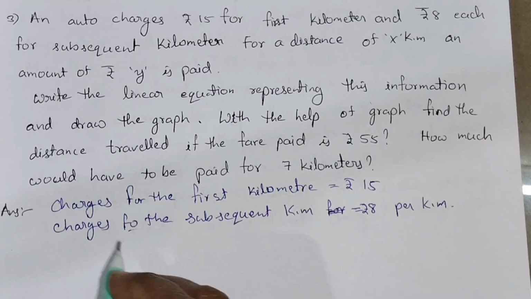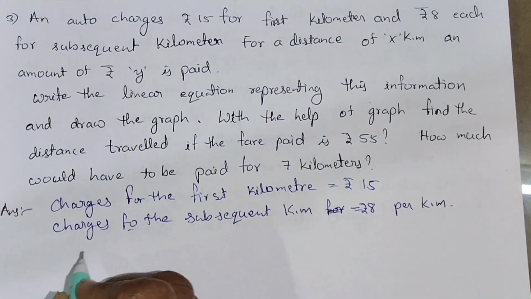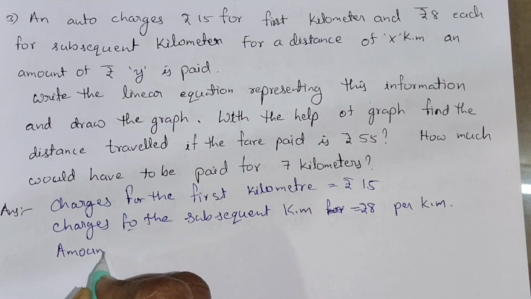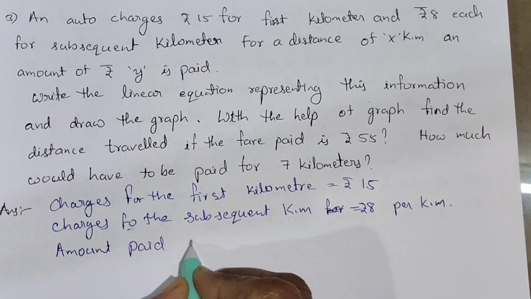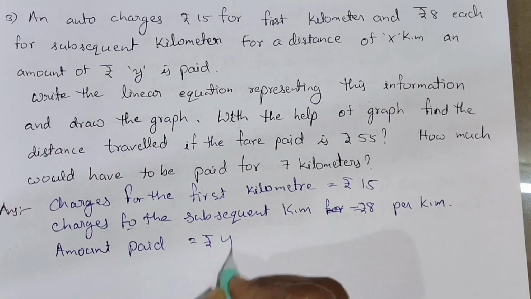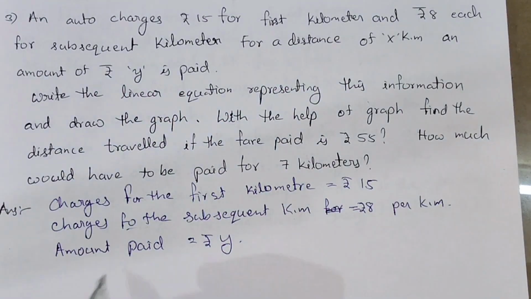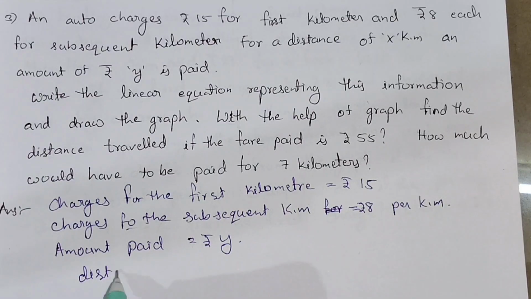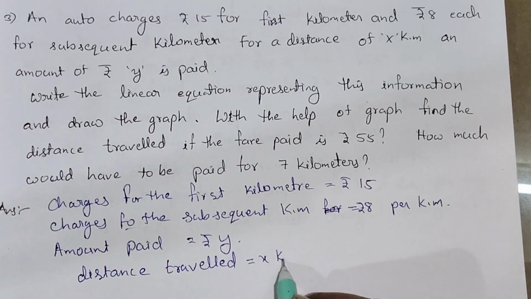The amount paid is y rupees when the distance travelled is x kilometers. Here the distance travelled is equal to x kilometers.